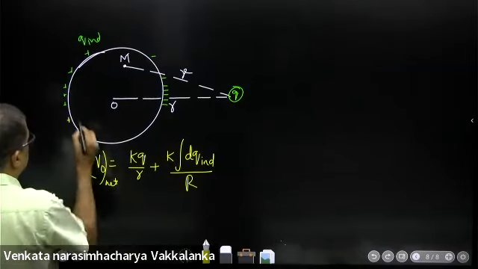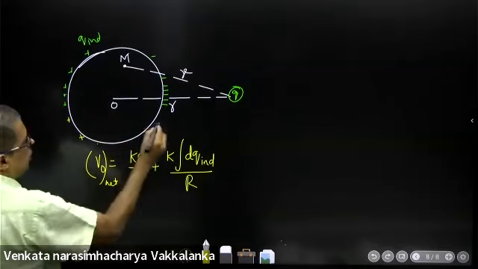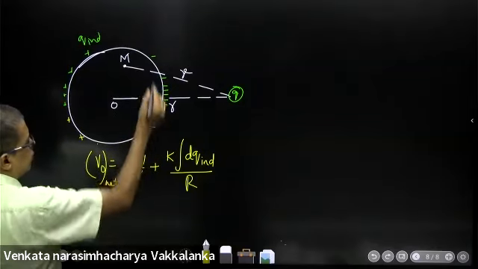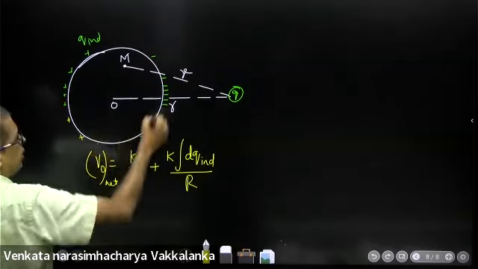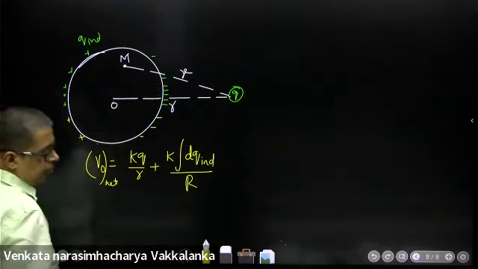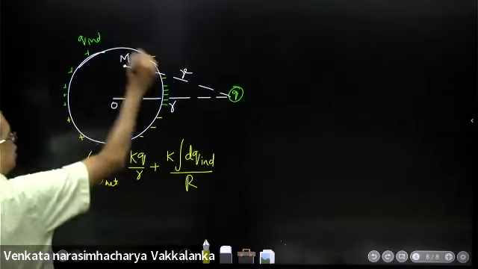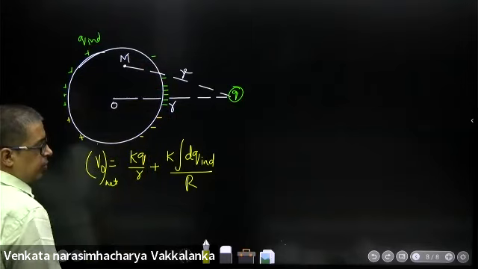Observe this. Suppose you have got Q induced. Originally, the sphere was neutral. So when the sphere is neutral, net Q induced will be 0. From a neutral sphere, if negative charge comes here, positive charge comes to the other side. So net total charge on the sphere will be 0.